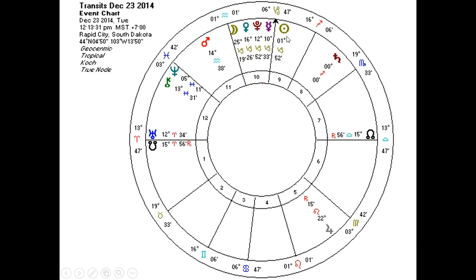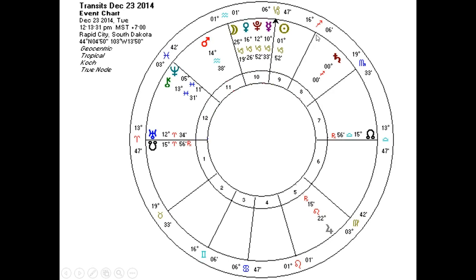So as you can see, Pluto has just moved past the midheaven, or in reality, the Earth is rotating on its basis this way because the signs will go 13, 14, 15, 16. That's the Earth's rotation. You can see that the midheaven changes a little bit here, and it actually puts this transiting Pluto, or the natal chart of this event chart, into the 10th house versus the 9th with the equal house systems.